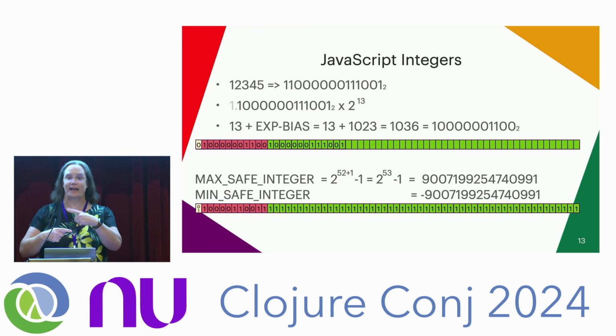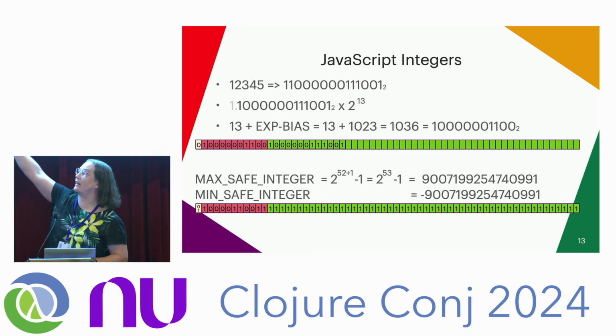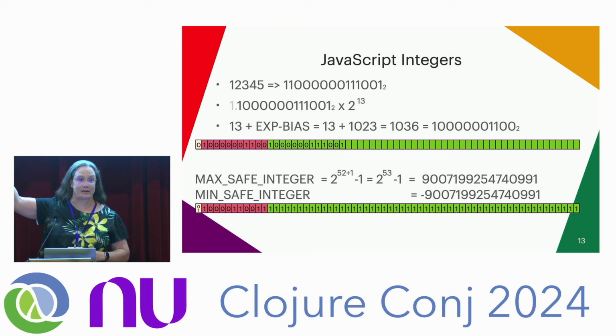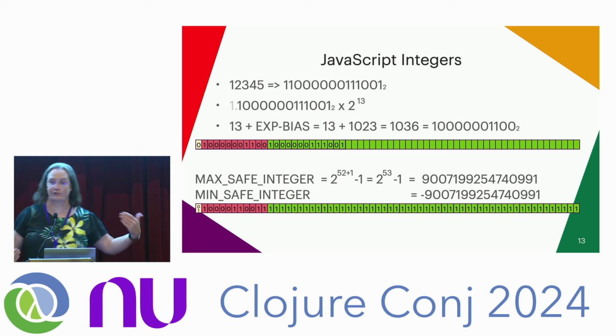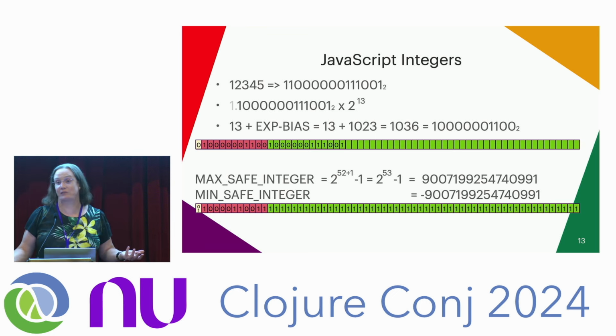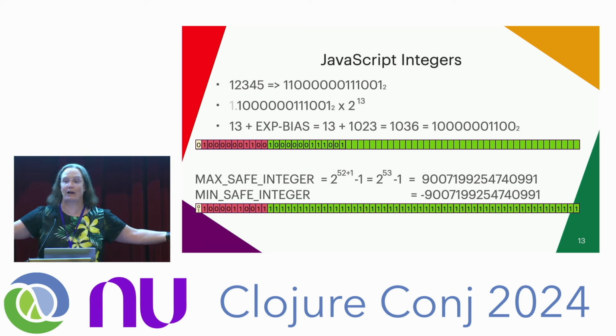And if you try incrementing up past the maximum, for instance, you'll suddenly see that you're jumping by 2, and then you'll start jumping by 4s, and then you'll jump by 8s, and that's as the exponent continues to go up, and we don't have the bits to represent the integer values anymore. And that's why these are called the safe integer space, and anything outside of that, we can round off, but we don't have accuracy anymore.